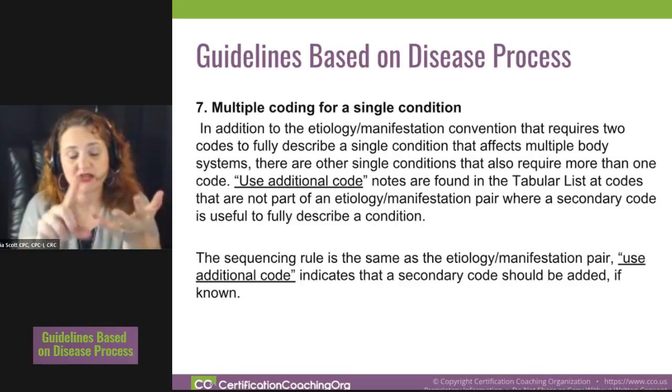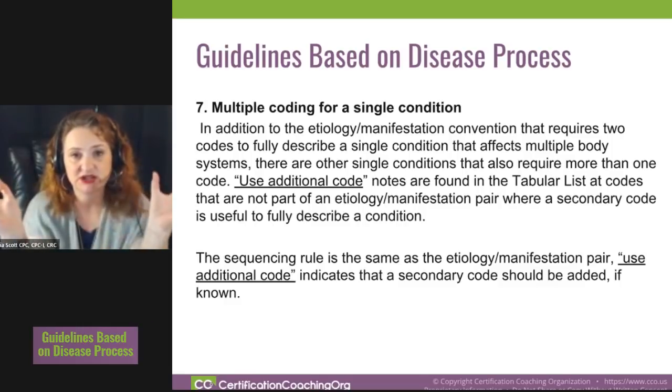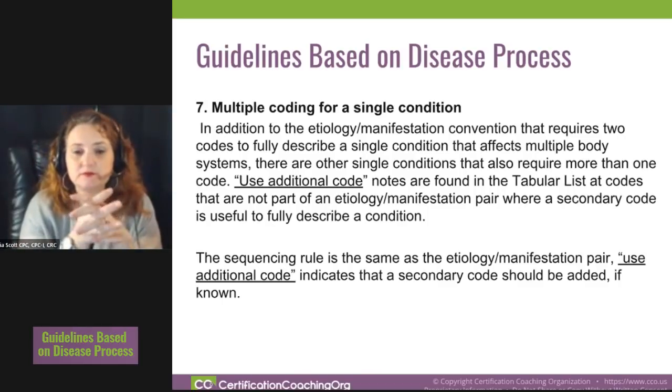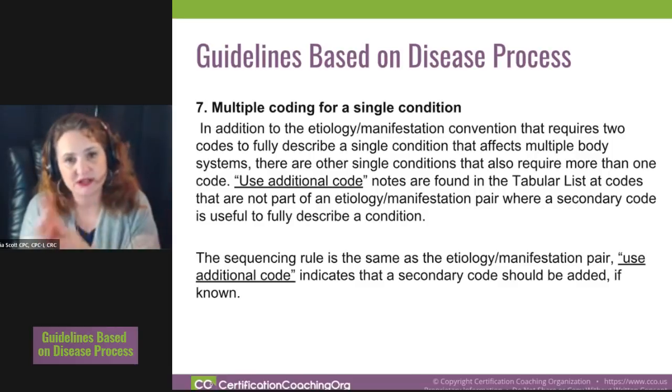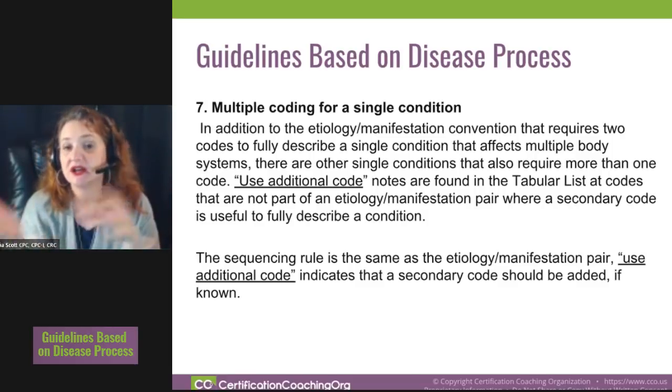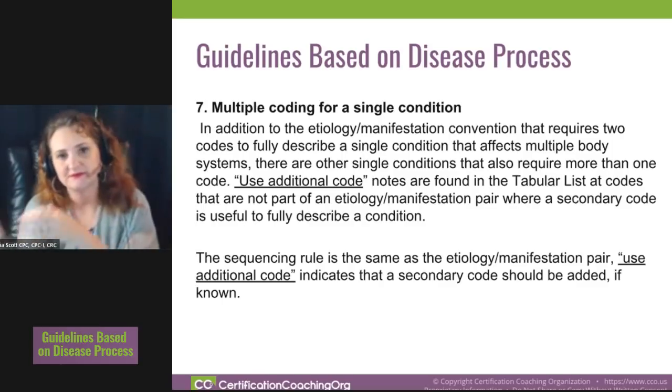You have problems with the eyes, the skin, the PNS, the peripheral nervous system, etc. I could just keep going on and on. It affects every body system ultimately. So the disease process tells you the patient's diabetic. That's what we're coding first. What's the manifestation? What's the result of them being diabetic?